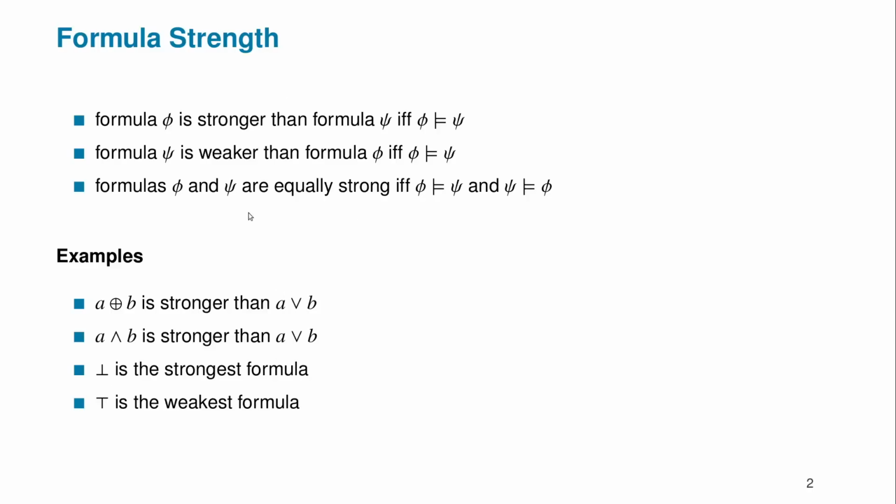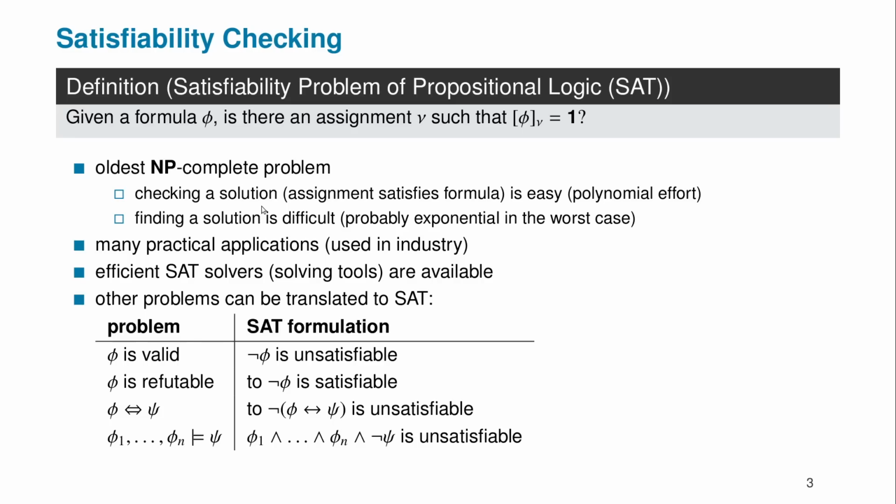Okay, so this is about reasoning, and what we want to do now is reason with the satisfiability problem. So let us quickly recall what satisfiability checking, what SAT is. We're given a propositional formula phi, and we want to know if there is an assignment under which the formula phi evaluates to true.